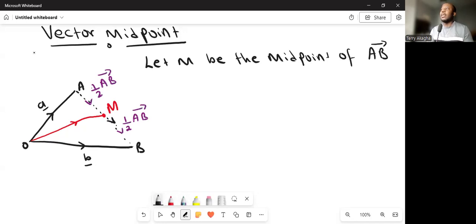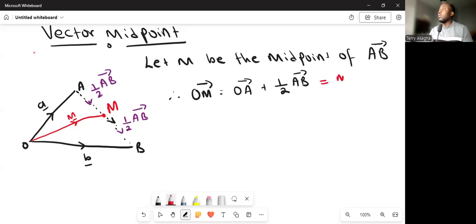Therefore, I can now say OM is equal to OA plus 1 over 2AB, okay? And this OM, let's call it M, okay? So all this is equal to M.